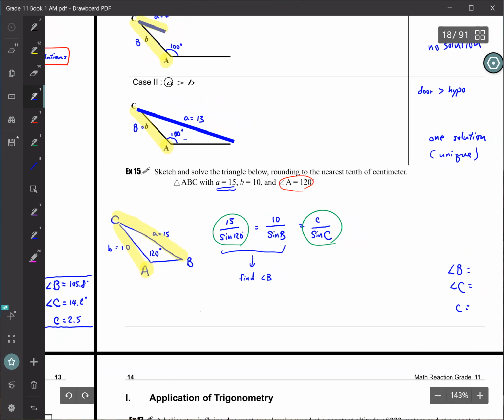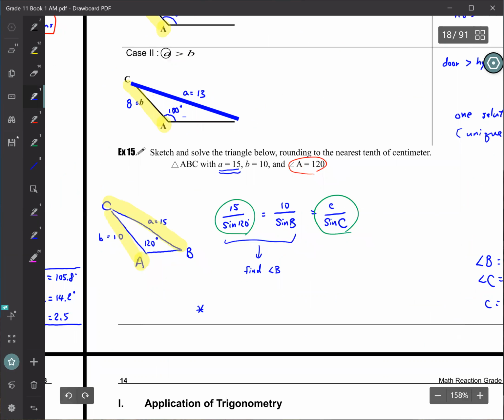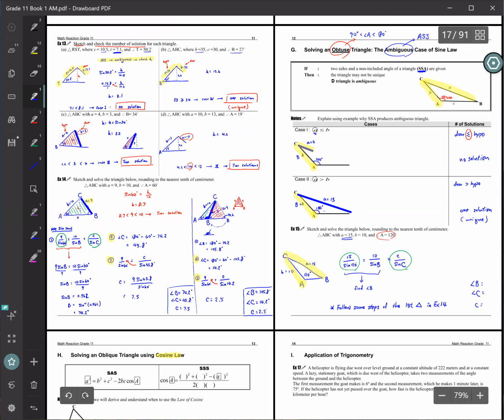We're not going to go through that one again. So follow the same steps of the first triangle in exercise 14. Same steps as the first triangle on exercise 14.